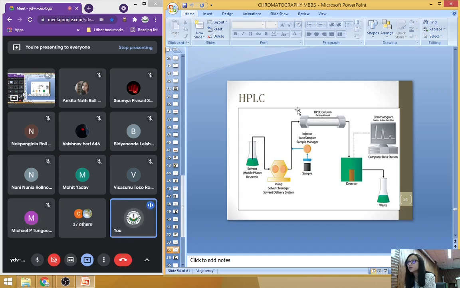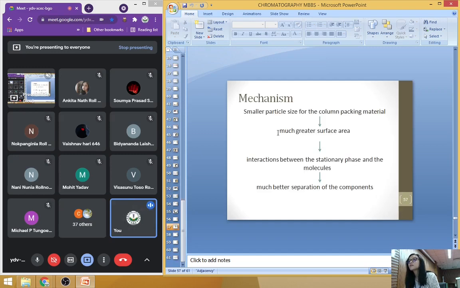These are very small compared to the others. And we have a detector, and this is the computer data section from where we can obtain the output, the results, or the chromatogram. The mechanism of HPLC is that a smaller particle size for the column packing material is used.